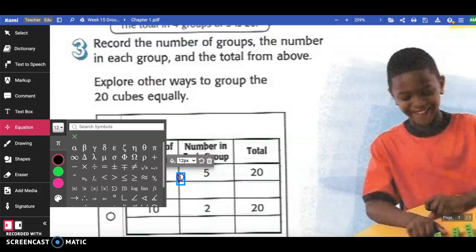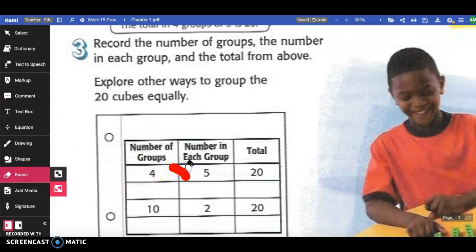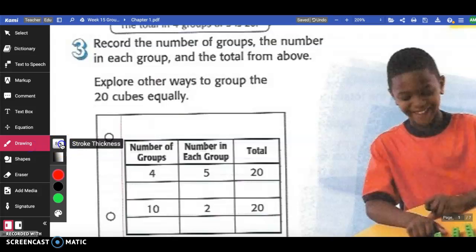Again, number of groups, we had 4 groups with the number in each group, which was 5, giving us the total of 20. This is the same thing as saying 4 times 5 equals 20.